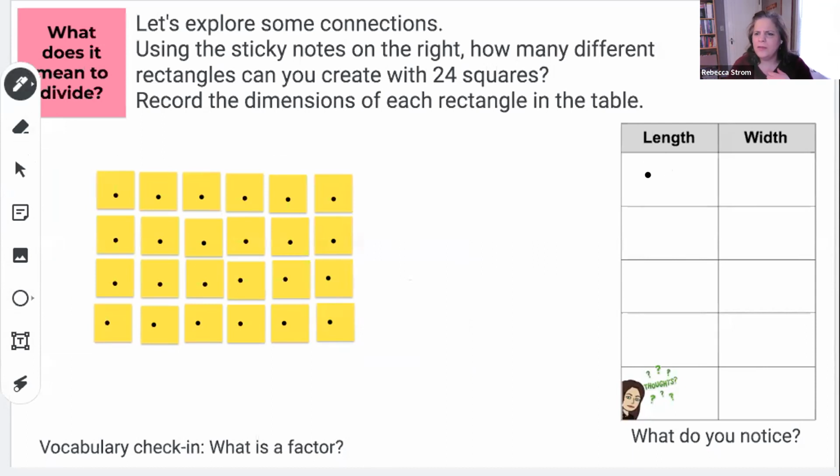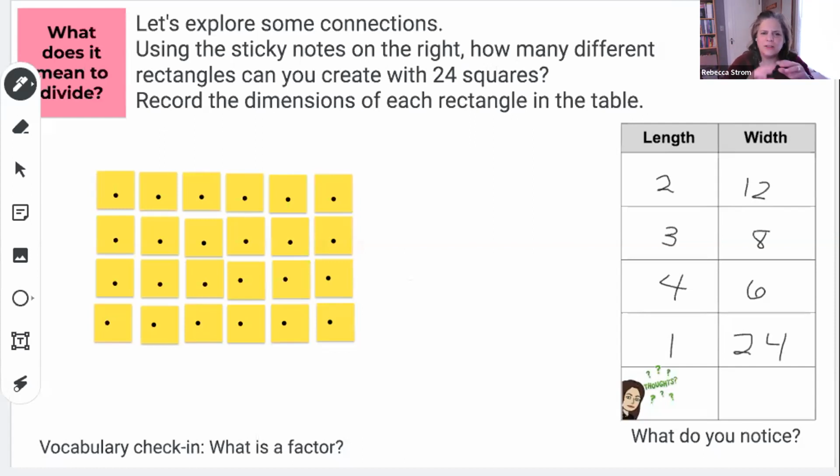So I see somebody mention a 2 by a 12, and then I see a 3 by 8. I see somebody mentioned a 4 by 6. And anything else that you might notice? 1 by 24. Which one of these do you think is the most commonly missed one? Students often miss the 1 by 24, absolutely, because that long skinny row doesn't work.